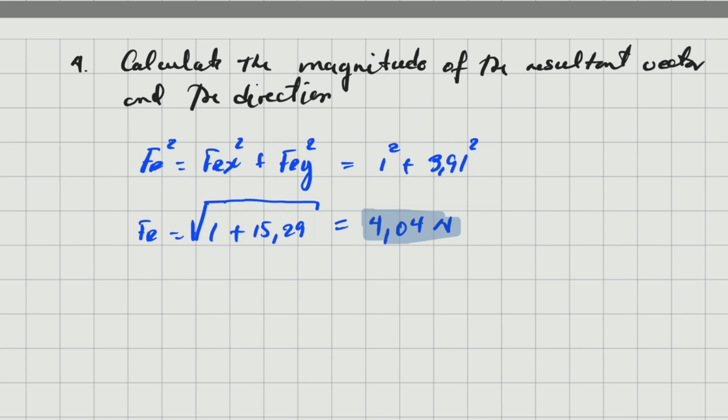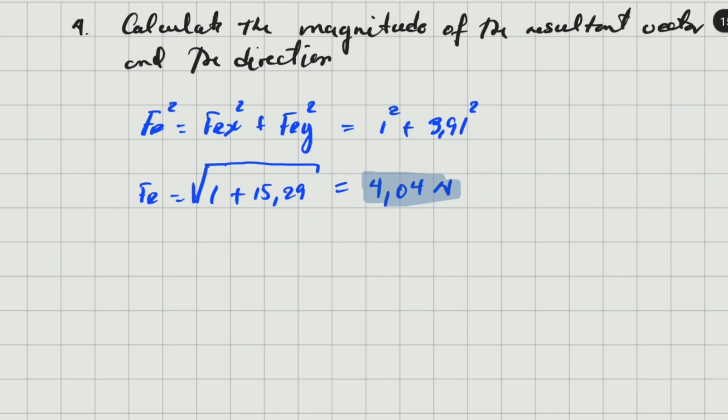But this work is not done, because remember it's a vector, and vectors need a direction. So for direction we are going to use tan. It is the easiest one. We say tan theta. Tan theta, I will speak about theta just now, is FR in y divided by FR in x.